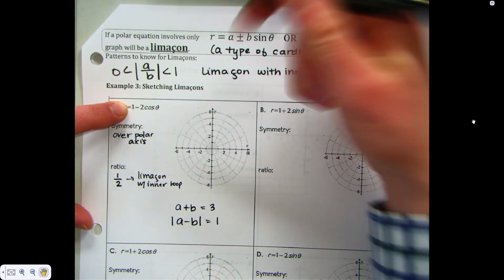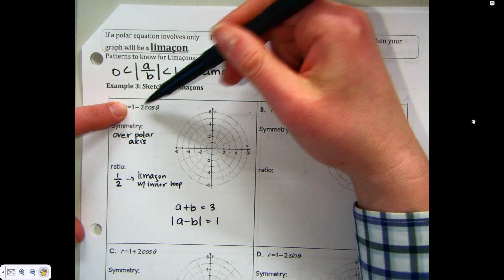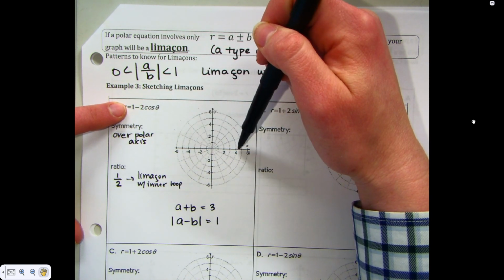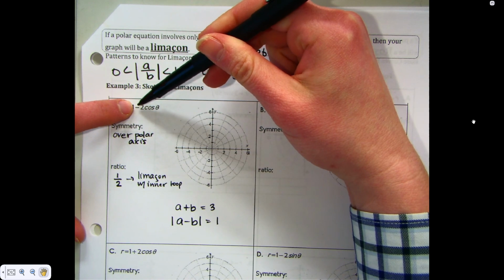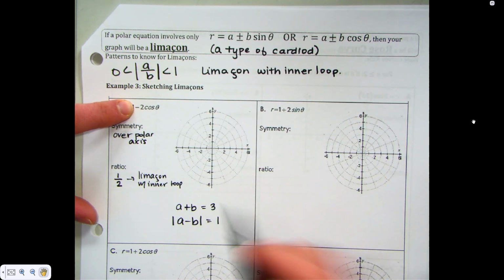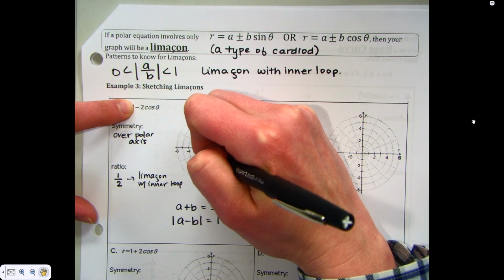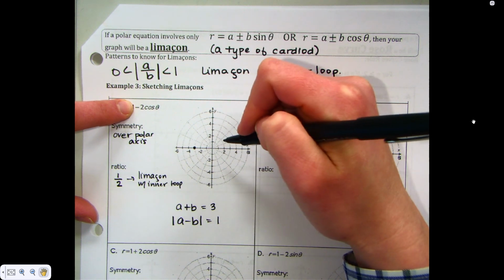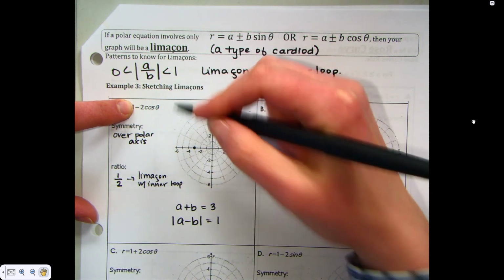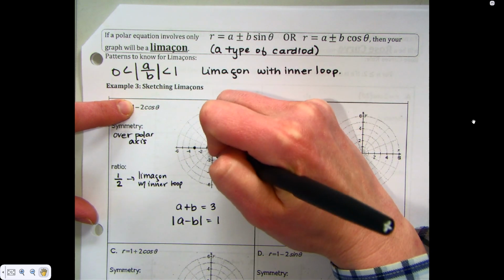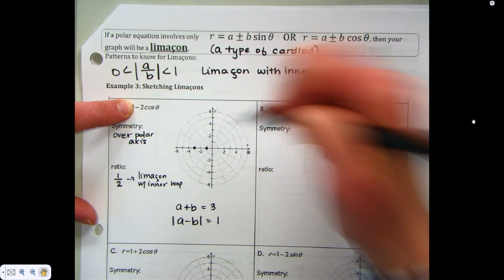And just like with the cardioid, I know that the larger portion of my function is going to be centered on the x-axis because it's a cosine, and the larger half will be on the negative side of that x-axis. So I want to plot that 3 on the negative half. And I also want my inner loop. So the inner loop is going to end on the same side as that bulk, that heavier portion. So I'm going to plot my 1 right here.